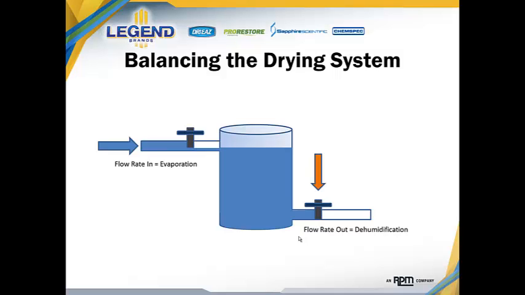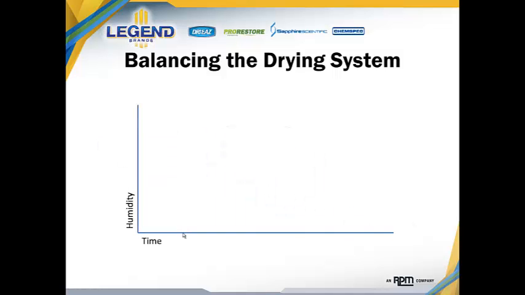Now, cautionary note, most of the time when we make adjustments because we see this high humidity, the knee-jerk reaction of most restoration contractors is, let's just add some more dehumidification. Let's add so much dehumidification that the humidity begins to decrease regardless of the amount of evaporation, which in some cases may be okay, but there could be other issues, which brings us into one of our final discussions here today.